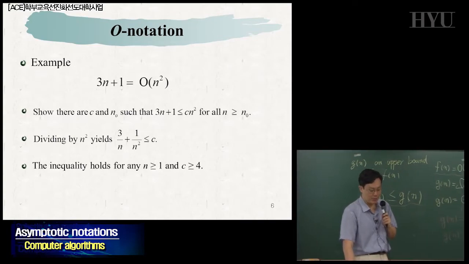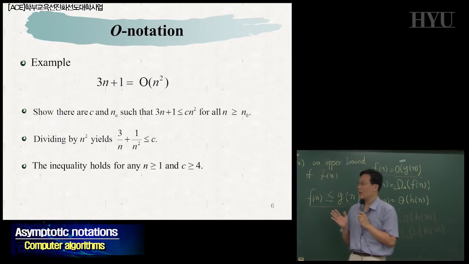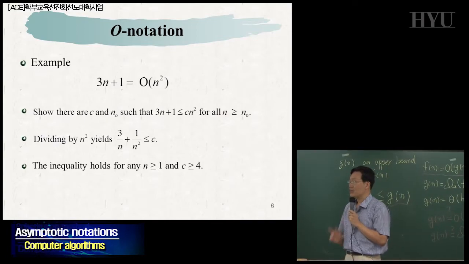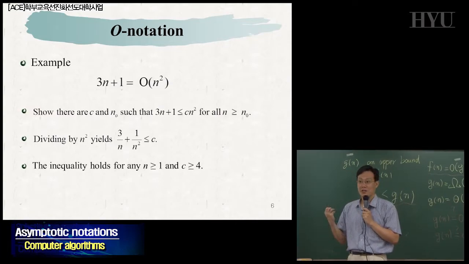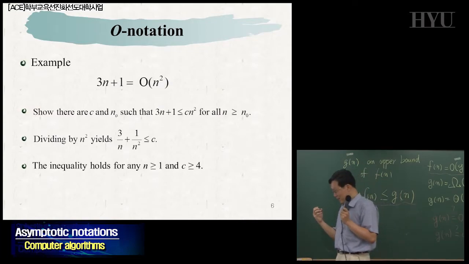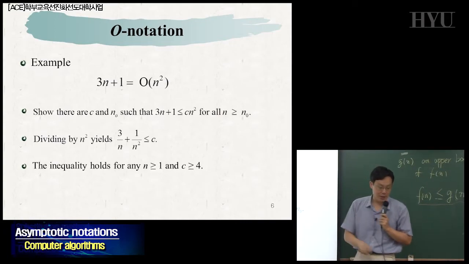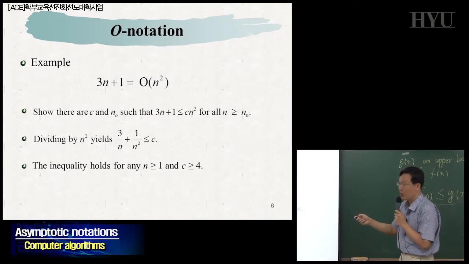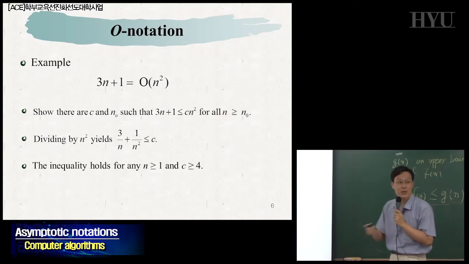Okay, let's see an example. 3n plus 1 is big O of n squared. It's true because a simple explanation can be like this. The highest degree of this term is 2. And the highest degree of this term is 1.